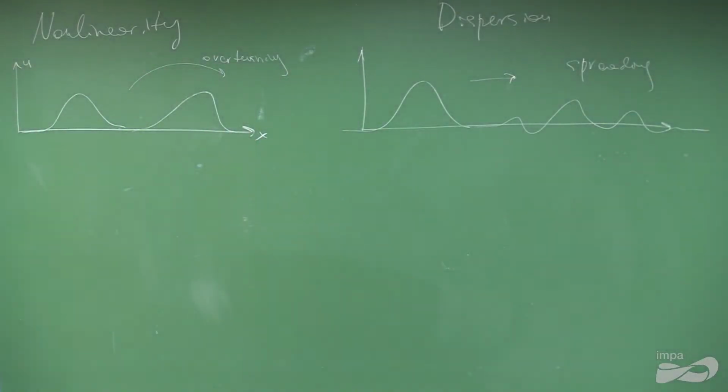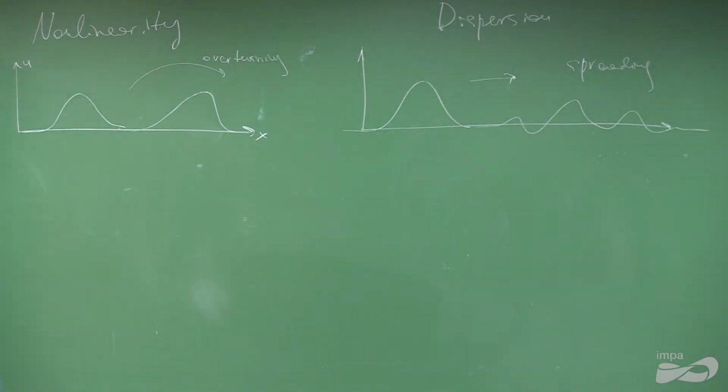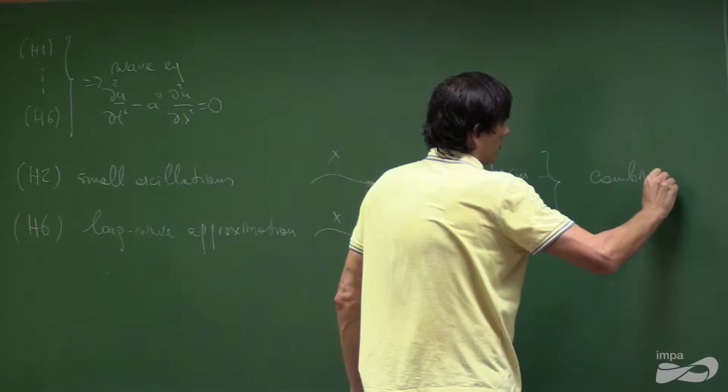So what we did was look at the effects separately, but at the same time, both effects can be important together. So today we'll just take them both, the combined effect.